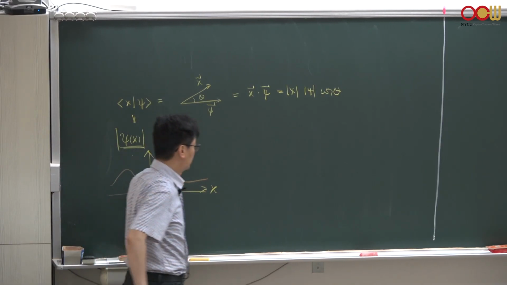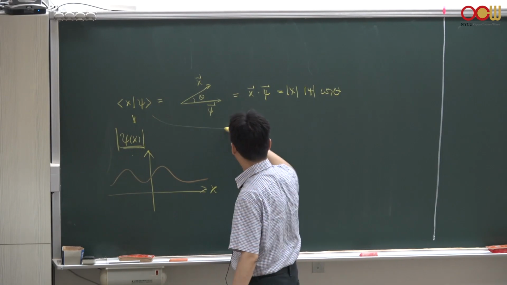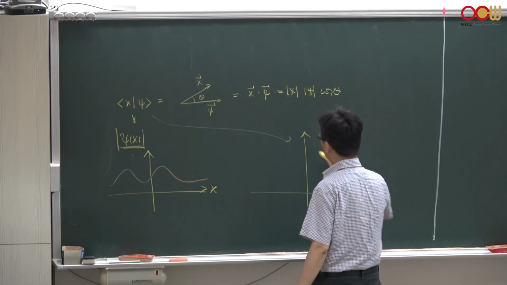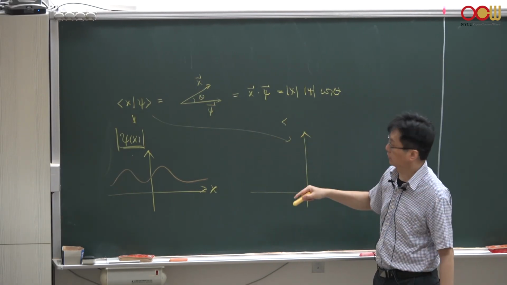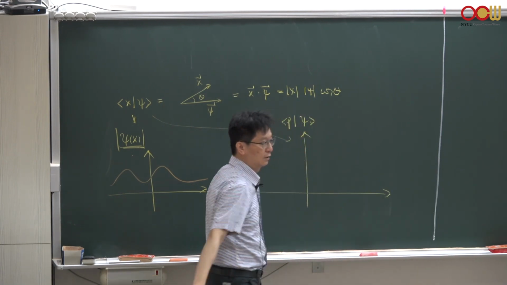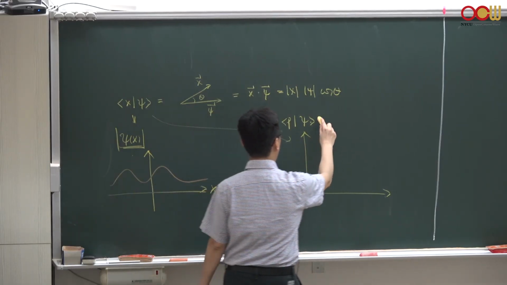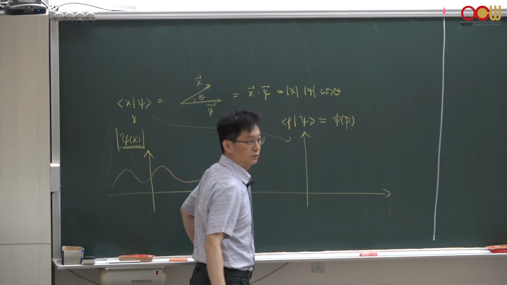But we can also project this quantum state psi onto different bases. Suppose I do not project this psi state onto the x basis, but onto the p basis, the momentum eigenbasis, and this defines my momentum space wave function.